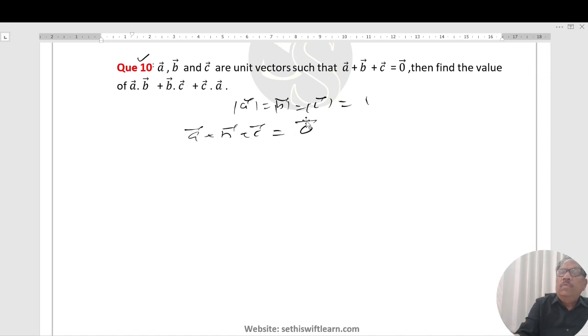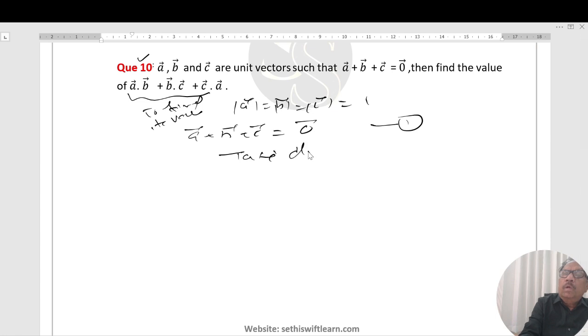Then find the value of A dot B plus B dot C plus C dot A. Now in this case, this is equation 1, say. Taking dot product of both sides by itself.